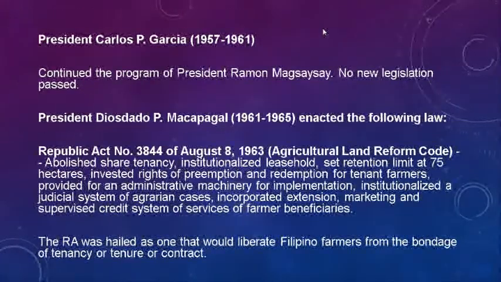And during the term of Carlos Garcia, there was no law enacted, but he continued only the program of Ramon Magsaysay. And then under President Diosdado Macapagal, from 1961 to 65, there were laws enacted, including the Agricultural Land Reform Code. And they say that this RA was one of the best that liberated Filipino farmers from the bondage of tenancy or tenure or contract.